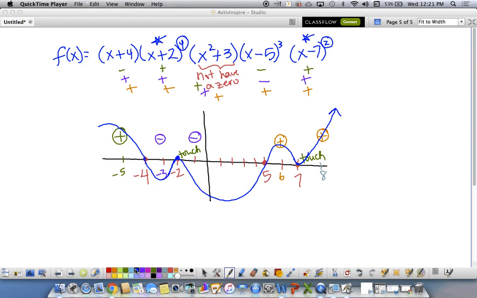Example 33.2 says, which of the following graphs most resembles the graph of x minus 1 squared times x plus 2 squared? Well, you know, zeros are positive 1 and negative 2. So positive 1, that excludes A immediately. They put them at the wrong spots. And C, they put them at the wrong spots.